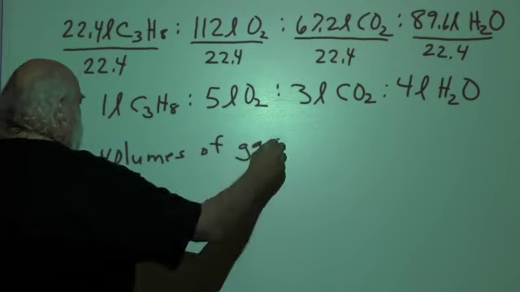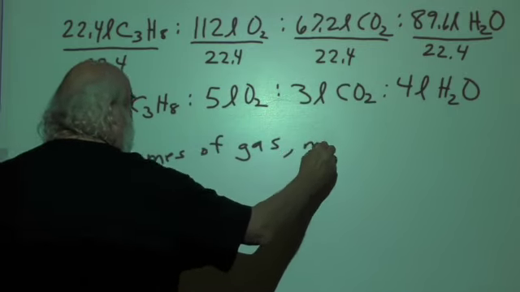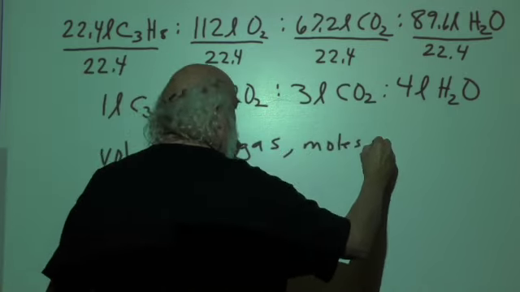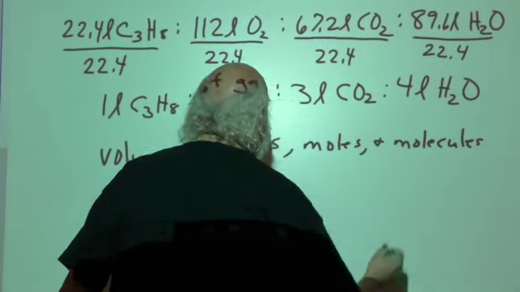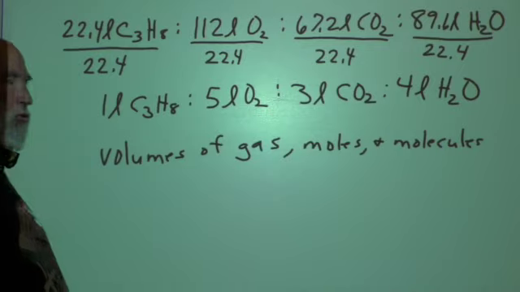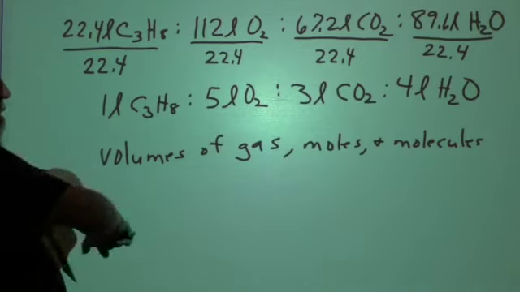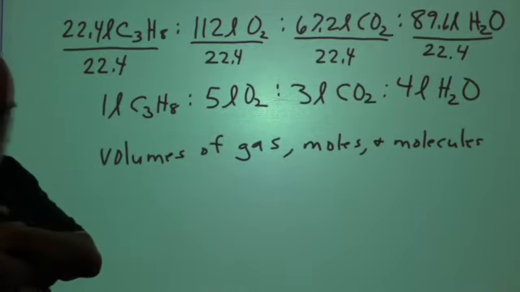So that means volumes of gas, moles, and molecules are what we can use the stoichiometry, or the coefficients, of those particles or substances in the reaction.